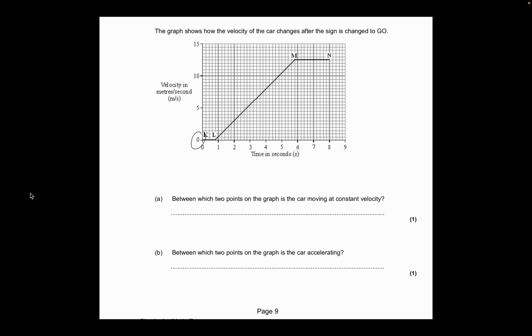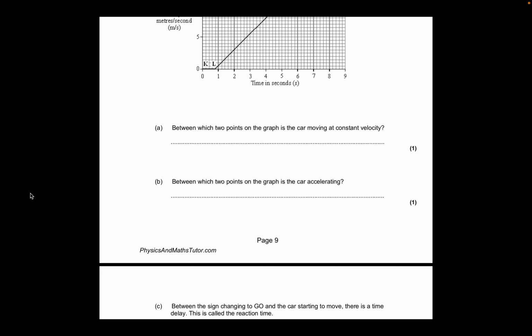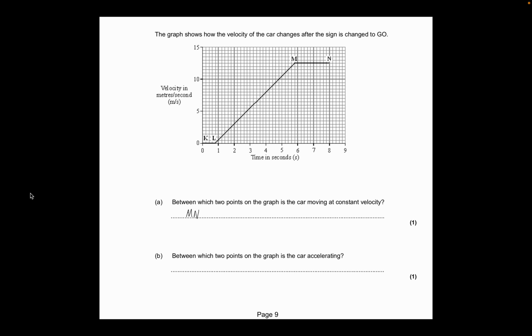You can see that it starts from 0. So the only straight horizontal line would be M and N. This is where you're going to be having constant velocity. It's between points M and N, okay? M and N.